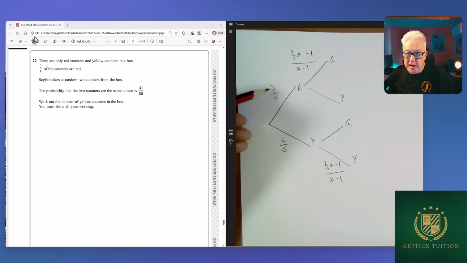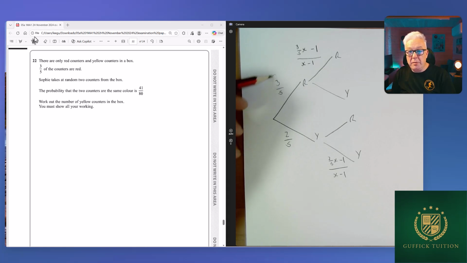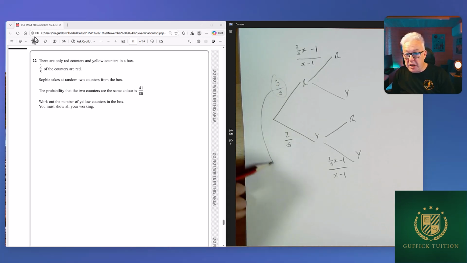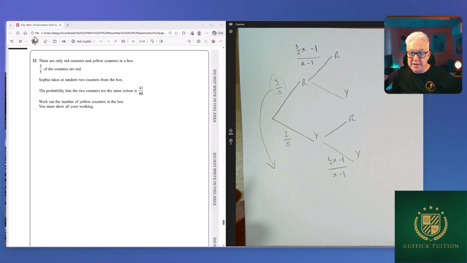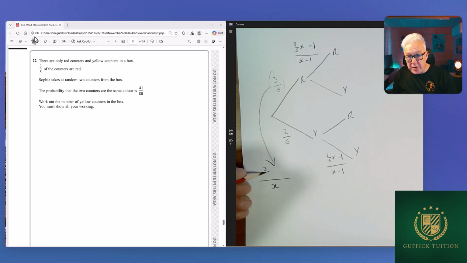And I've written here, just as an aside, we've got all the probabilities we need now to be able to solve this question, but we could rethink the probabilities that were facing Sophie for the first choice. We could have said that there were X counters in the box when Sophie first reached in, and that 3/5 of the X was the number that were red.